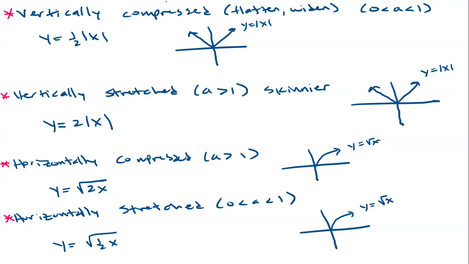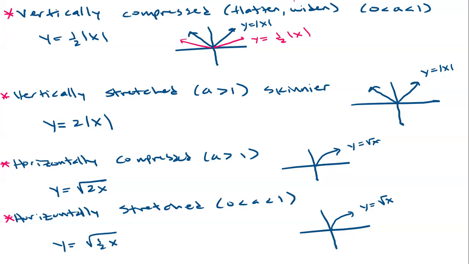It's going to squish it. It's going to flatten it or widen it. So y equals 1 half of x is going to look something like this. So this will be y equals 1 half the absolute value of x. Again, if the number is between 0 and 1, it's going to make that graph flatten.